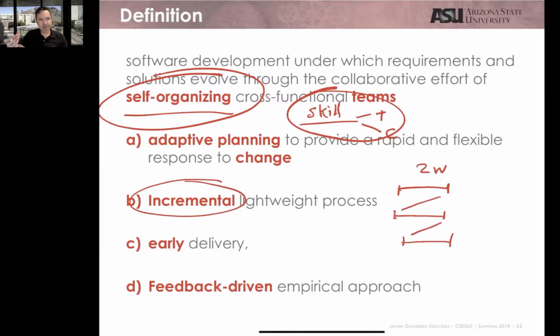But as a team, you can define how long are going to be these increments. Usually 2 weeks, I am going to give you the numbers later. In 2 weeks, you're going to move from a set of requirements to a final product. And then again and again until you finish the project.